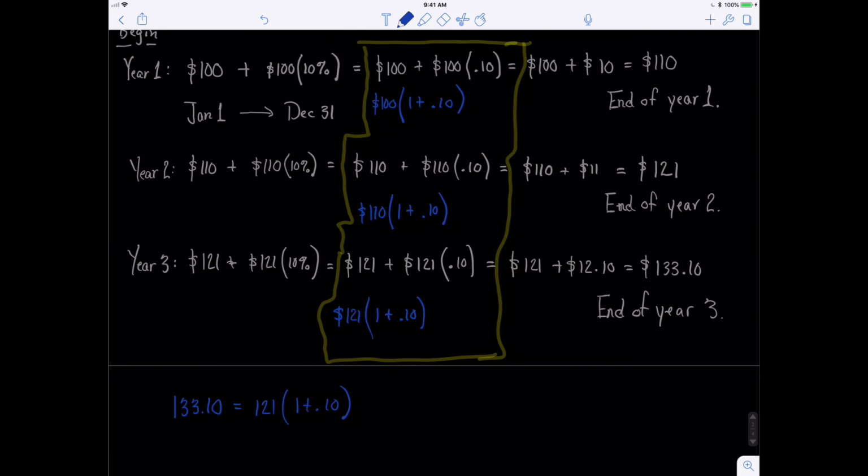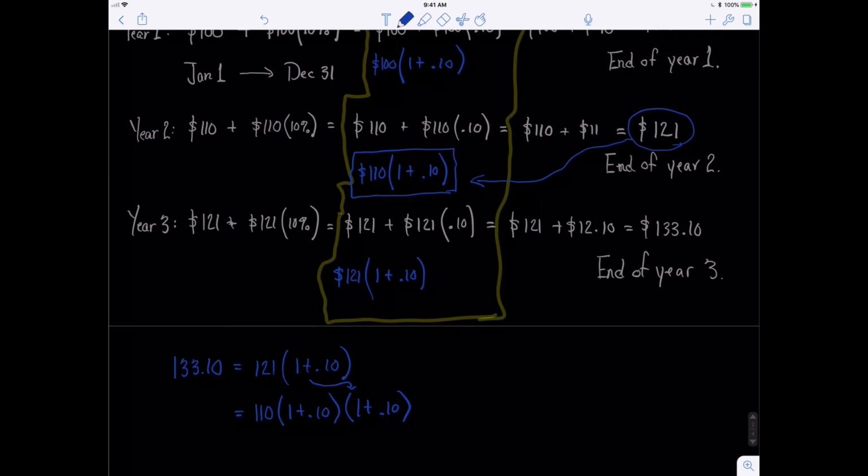The 121, let's look closely. The 121 came from this. So I'm going to substitute all of this piece, 110 times 1 plus 0.10, in for the 121. So this becomes 110 times 1 plus 0.10. And then this needs to be tacked on again, 1 plus 0.10.